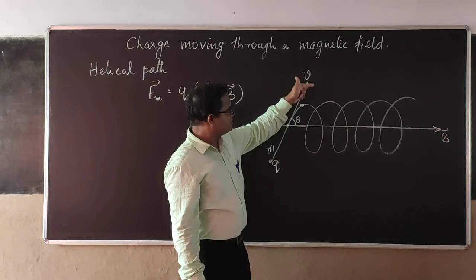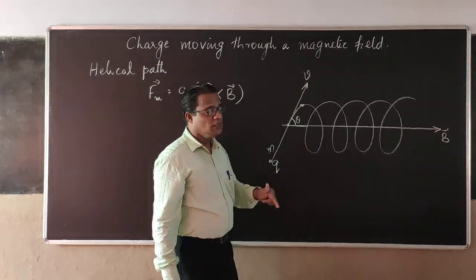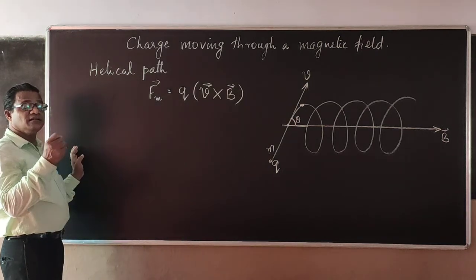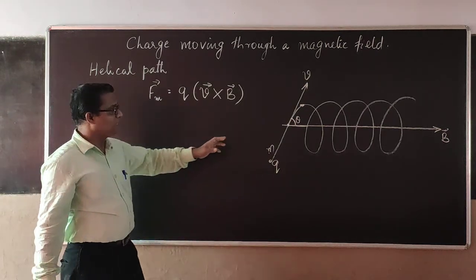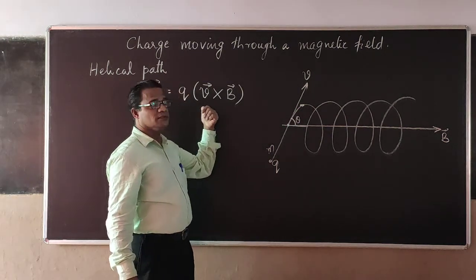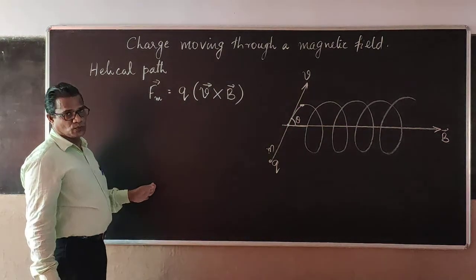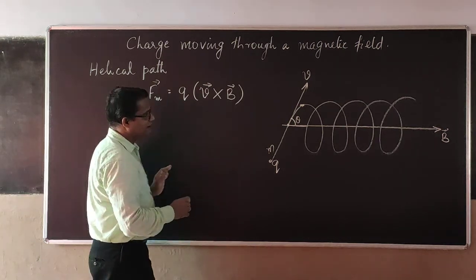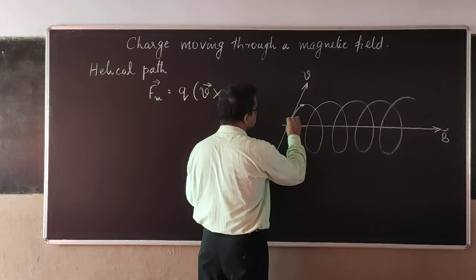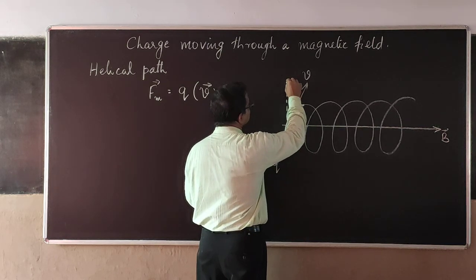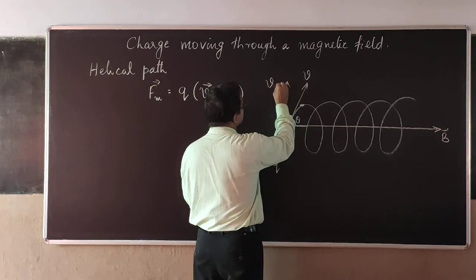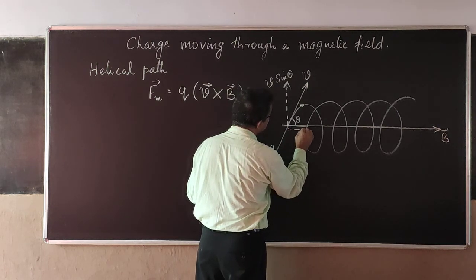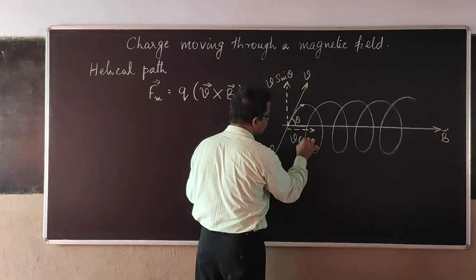But why it is going in this particular fashion, going around, it is because of the balancing of the centrifugal force experienced by the particle with the magnetic Lorentz force. That means for this particular case, we can have the velocity resolved into two: this is v sin theta, and along this particular direction there will be v cos theta.